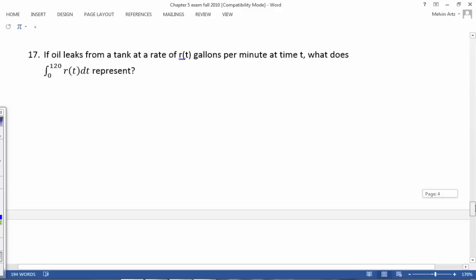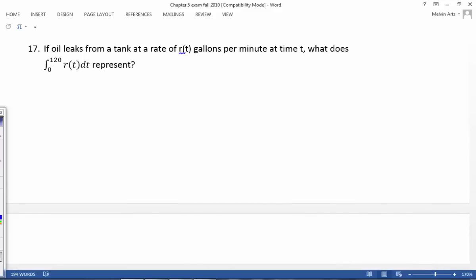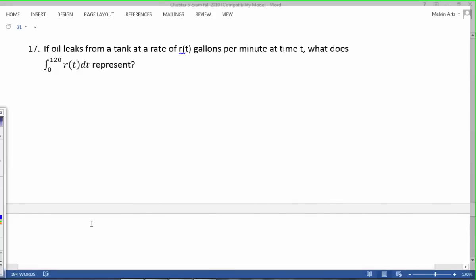If oil leaks from a tank at a rate of R of t gallons per minute at time t, what does this integral represent? Now, if we have an integral of a rate of change, we know this gives us the total change.